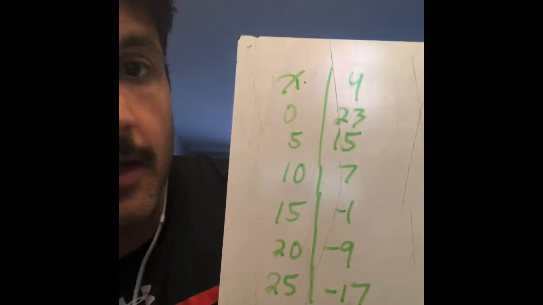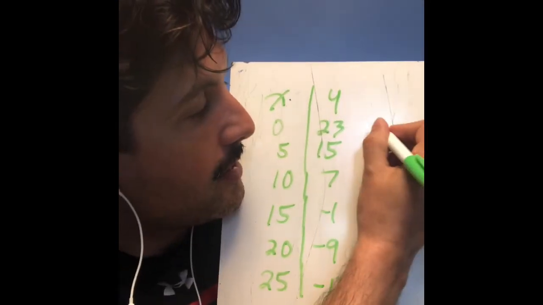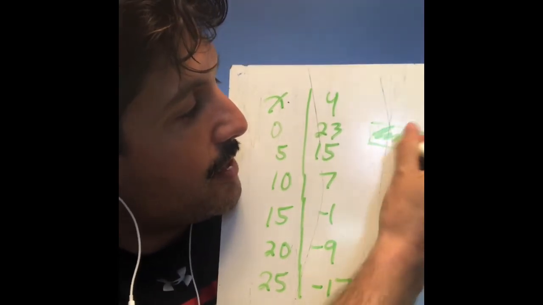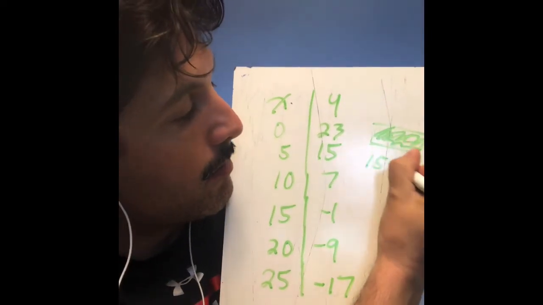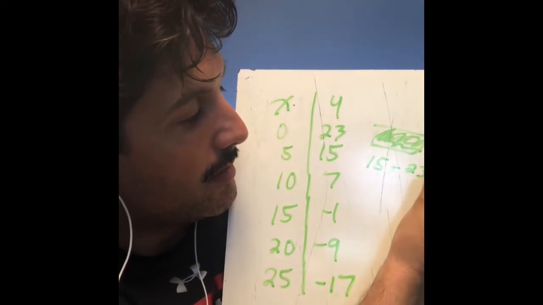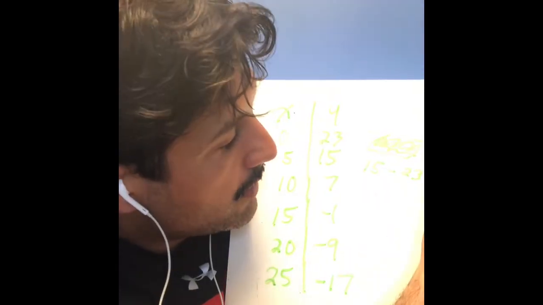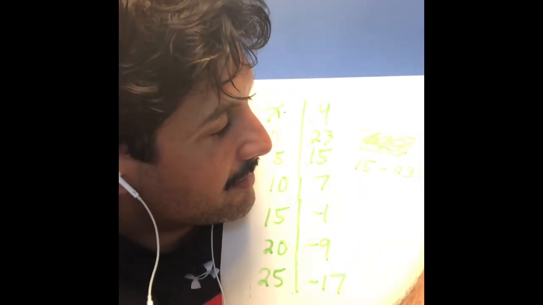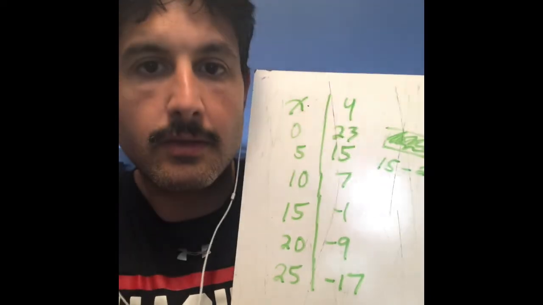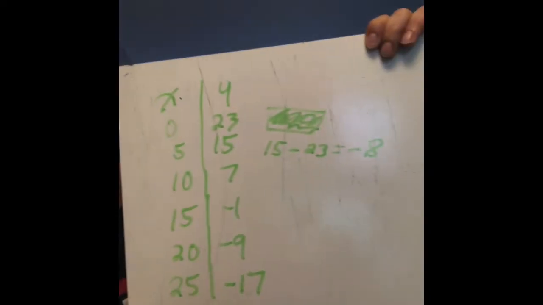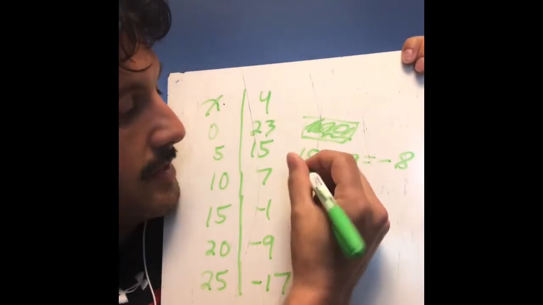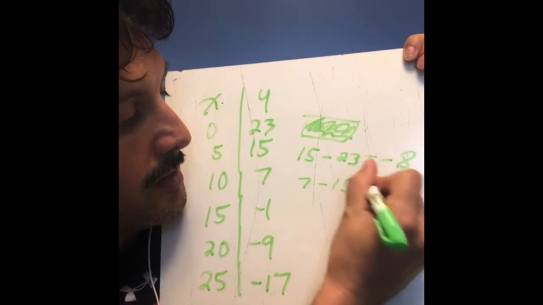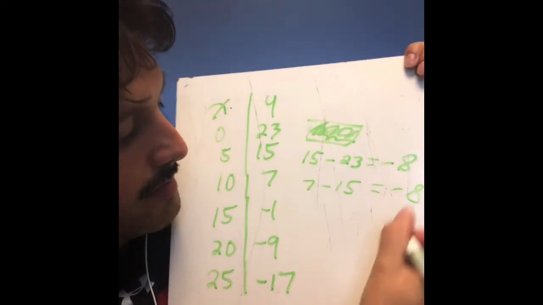The process is exactly the same. So to take a look, you've got the very first value, 23, and in this space, you can't do anything. But on the next one, you've got 15 minus 23 is equal to negative 8. Now the next one is 7 minus 15 is equal to negative 8.